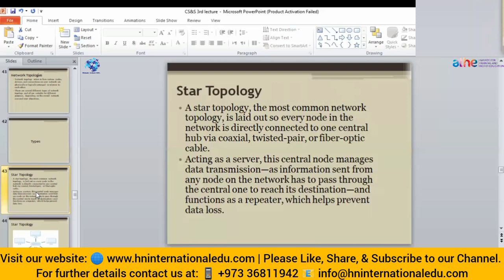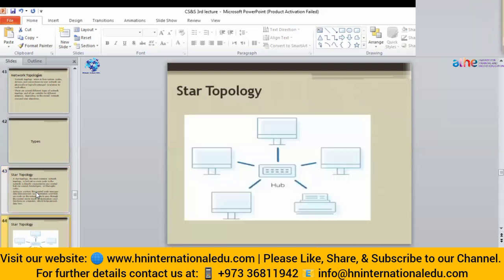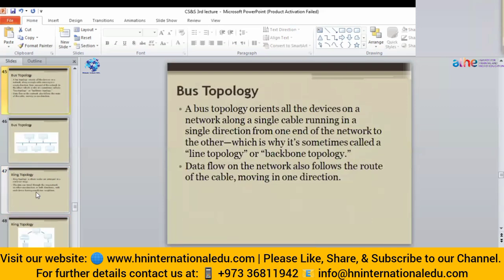So it functions as a repeater, which helps to prevent data loss. It will also catch the signal and make the signal stronger. So that is the most commonly used topology. In most of the LANs and in the houses we are using that topology. So that is the physical look of that topology.